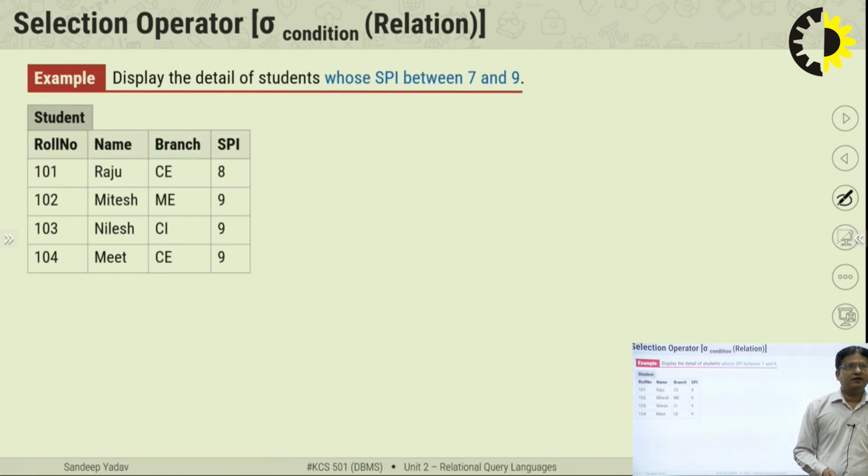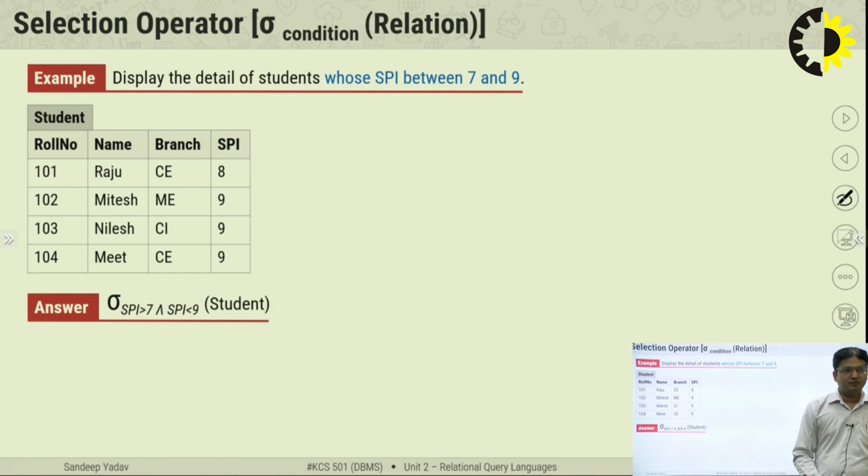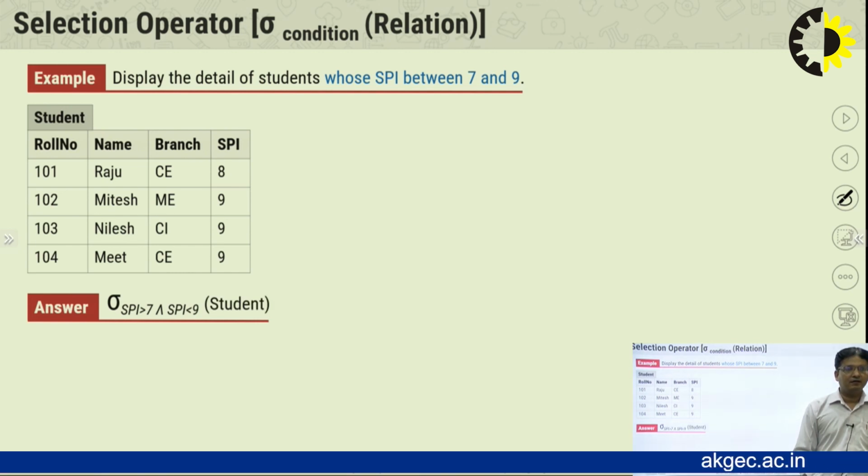Now, another example: we have to display the details of the students whose SPI lies between 7 and 9. So, we have to write a query again. The query is a select statement, then we have to specify the condition.